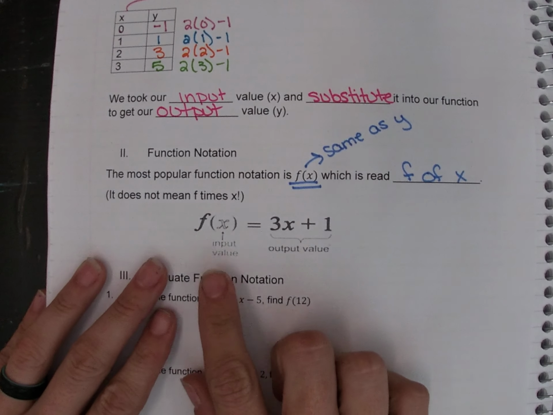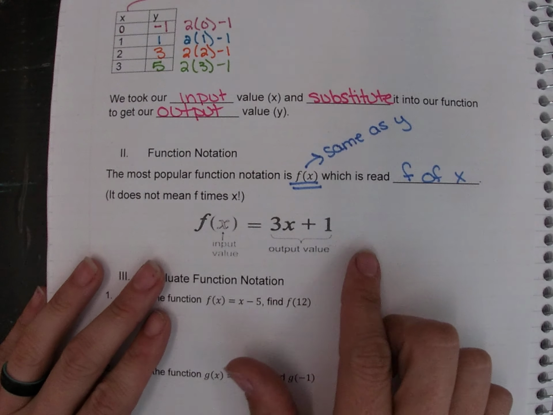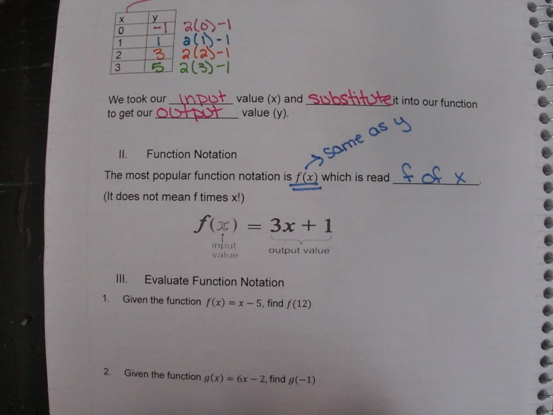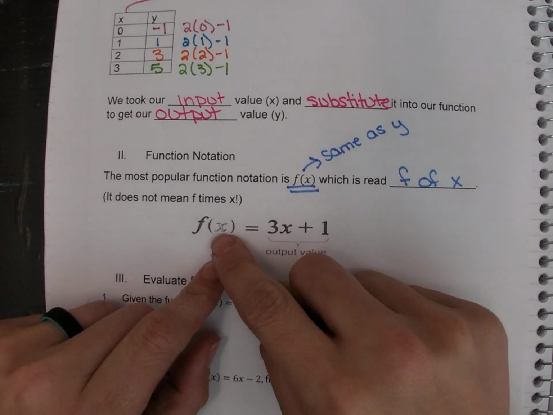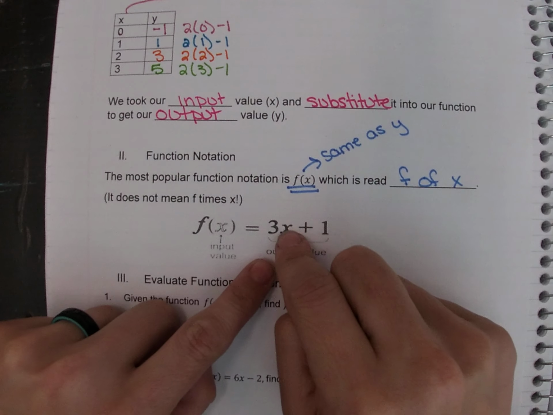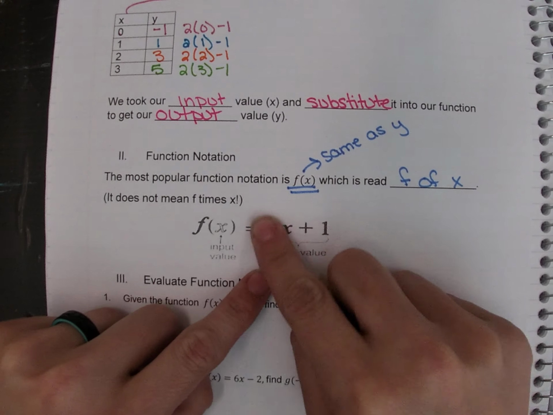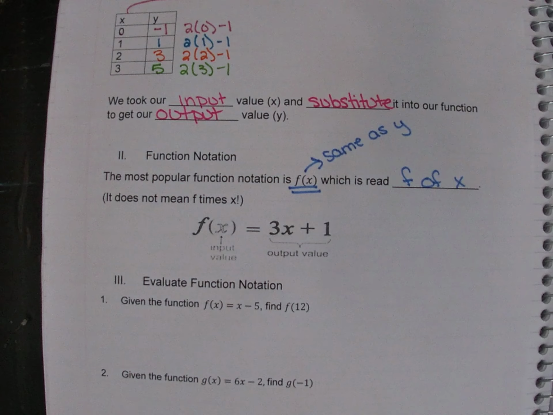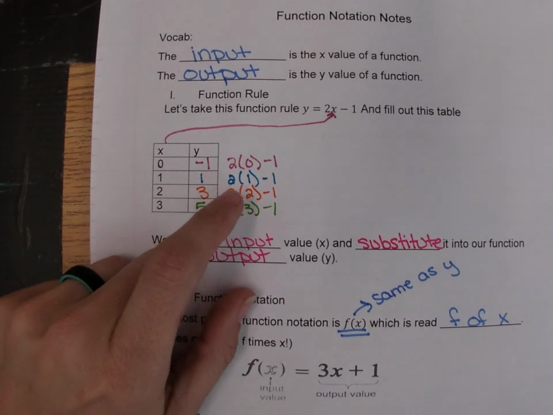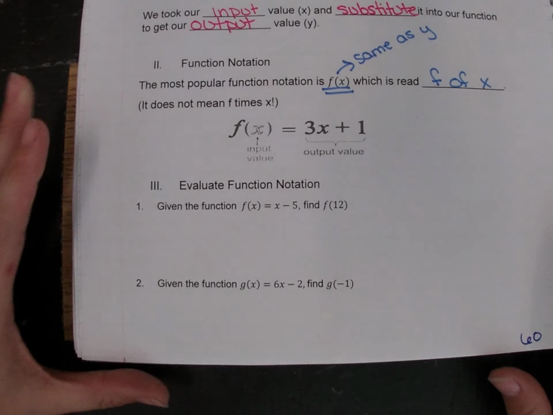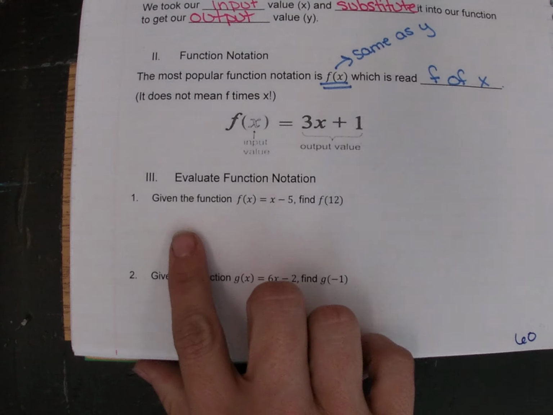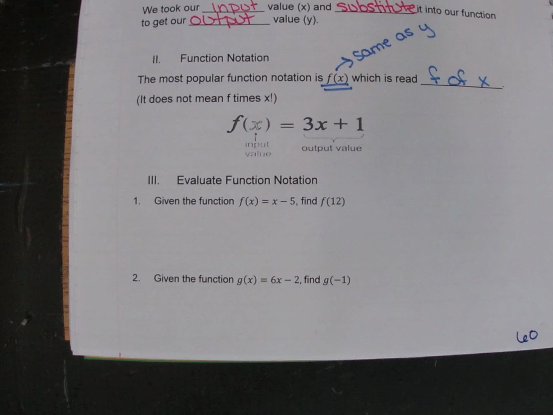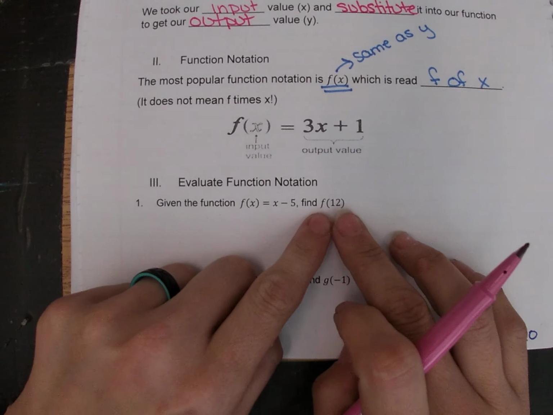We would read this as f of x equals 3x plus 1, where our x is still our input value. The way this is written is a little bit confusing because we'll still plug this in for x, but we'll evaluate what that equals to find y. It's the exact same process as what we were doing up here. So if we look at this right here, given the function f of x equals x minus 5, we can find f of 12.